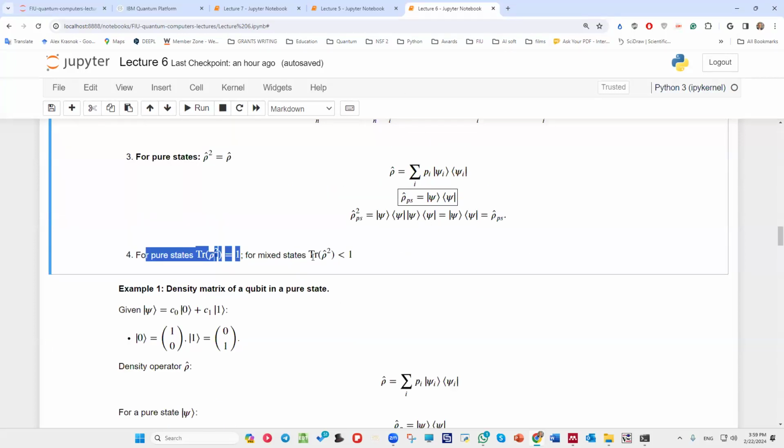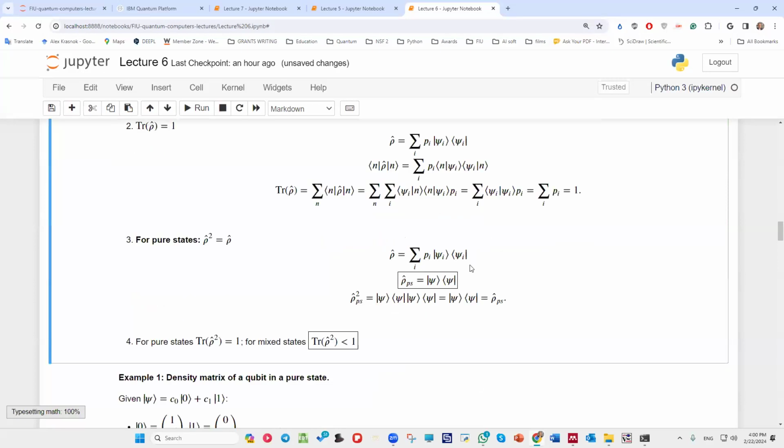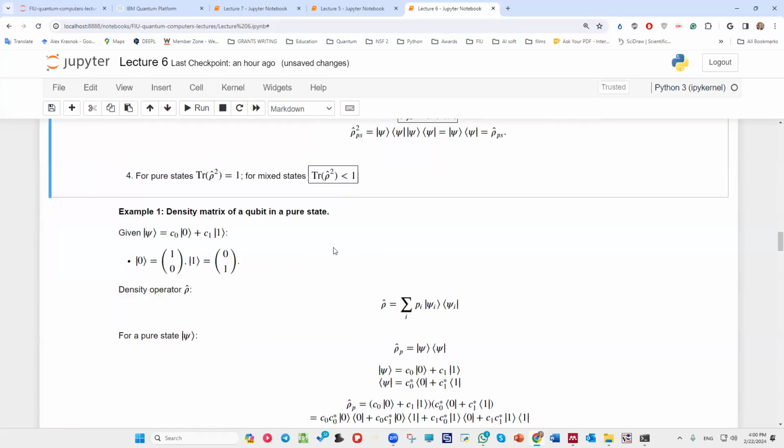However, in the mixed state, the trace of the square of the density operator is always less than 1. Let me highlight this one, because this is quite important. This is the criterion that allows you to define whether your system is in a pure or in a mixed state.